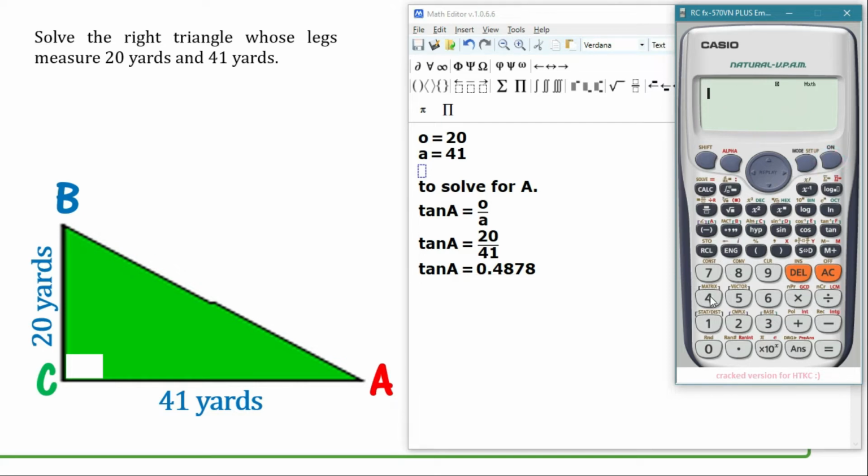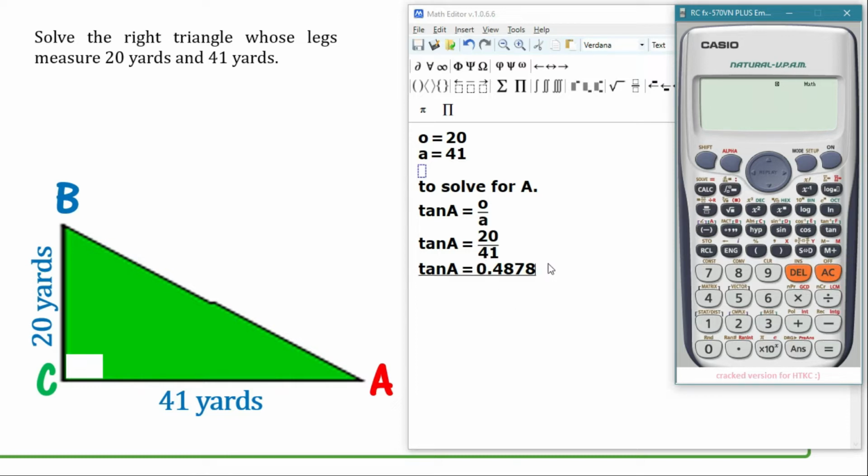Next, let us first double check whether it's correct or not. So that is 41. So we have 0.4878. Okay? It is very hard for us to determine the angle or the measure of the angle given this value.